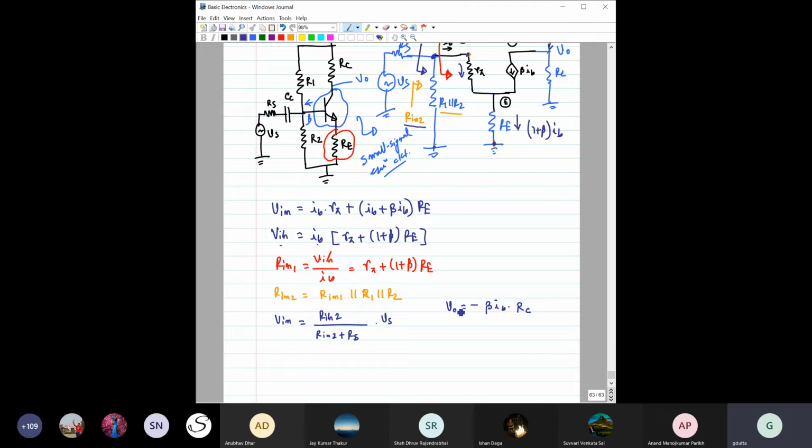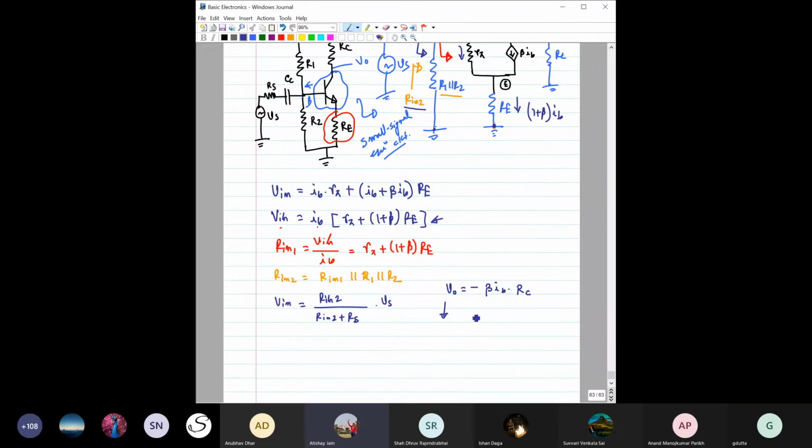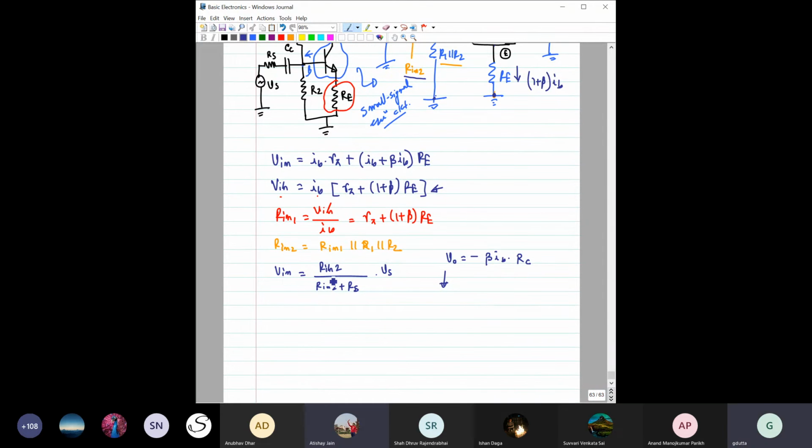Then we will get V out by VS. I hope you got my point, right? So from the first equation, we can replace IB. So we will write it here. So here it is beta RC, and here it is.